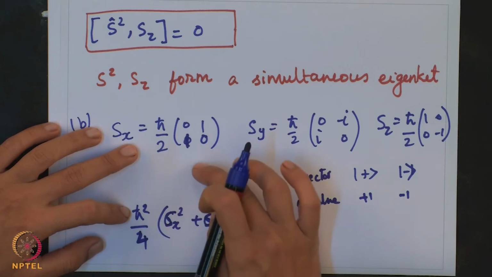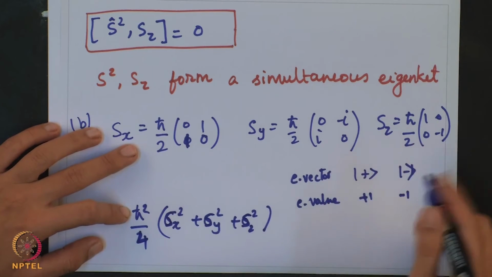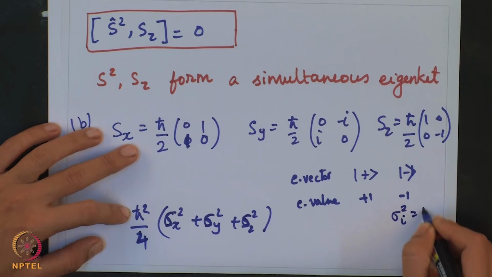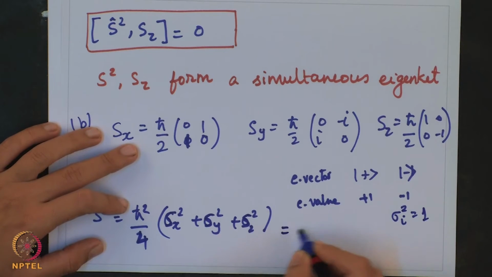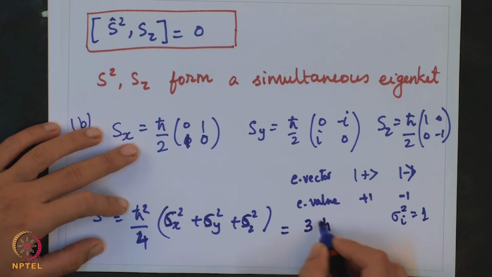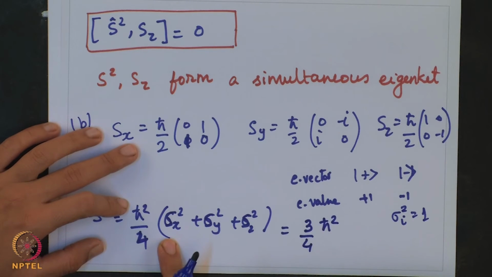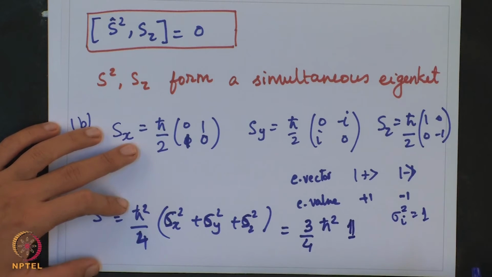When I square each of them, we know that sigma i square is 1. So, this will give me 3ħ square by 4 times identity plus identity plus identity, which is nothing but the identity matrix.